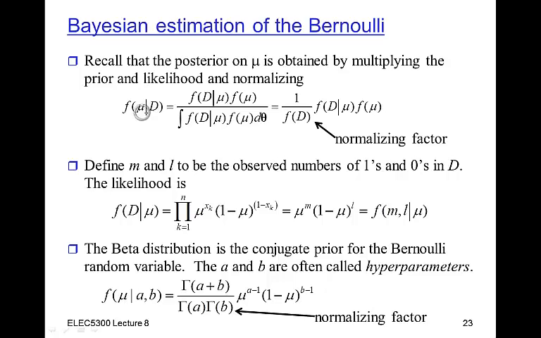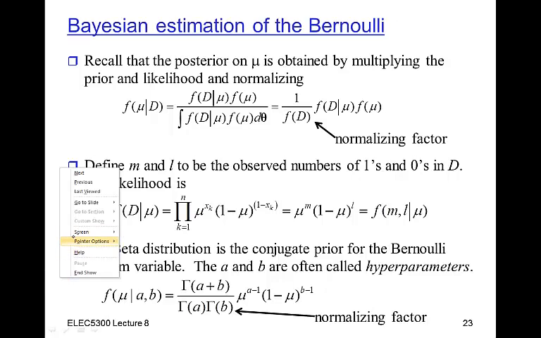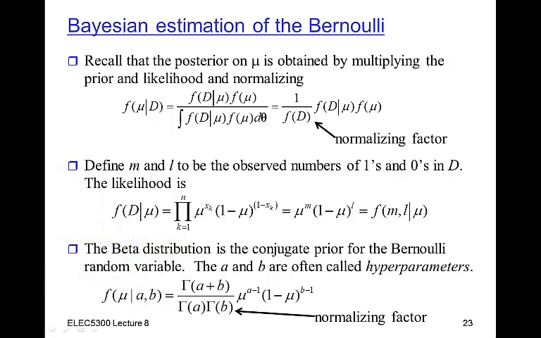The way we do that by Bayes' rule is we multiply by the likelihood of the data given mu, and then we divide by f of D. This is just a normalizing factor, so we really don't have to worry about it. All the action really takes place in those last two terms, so this is where you need to pay most of your attention.